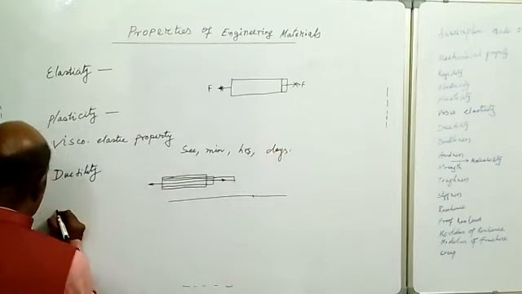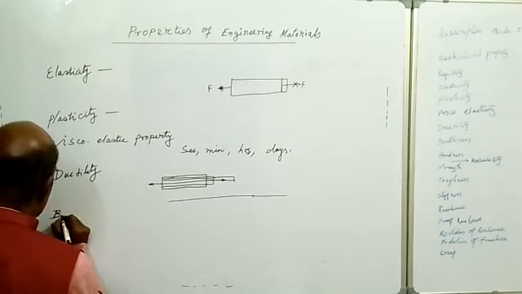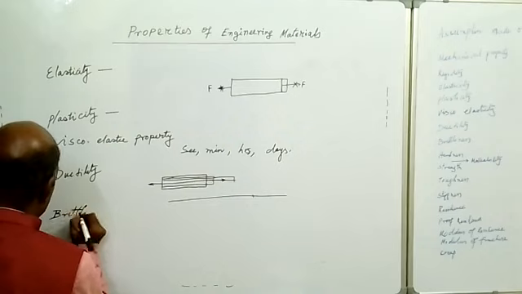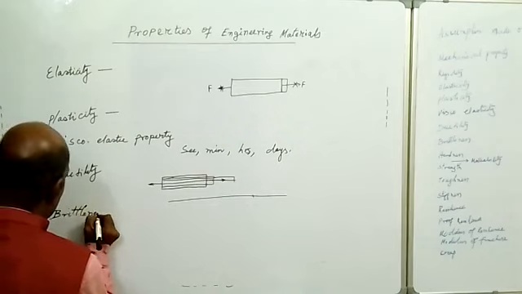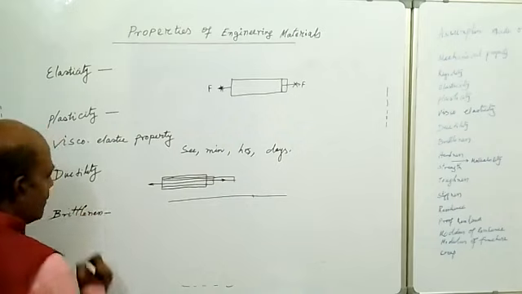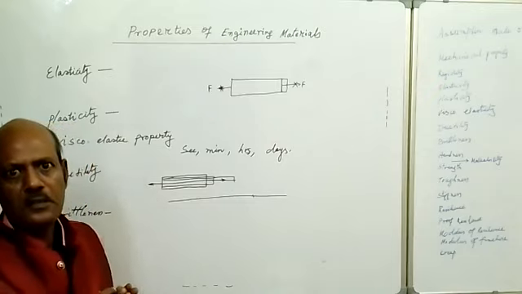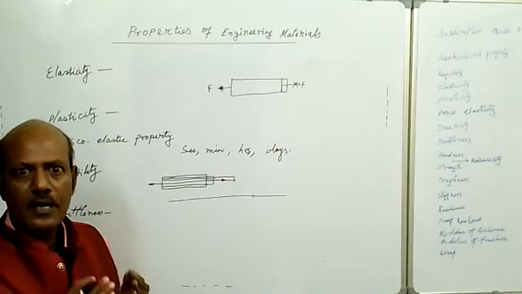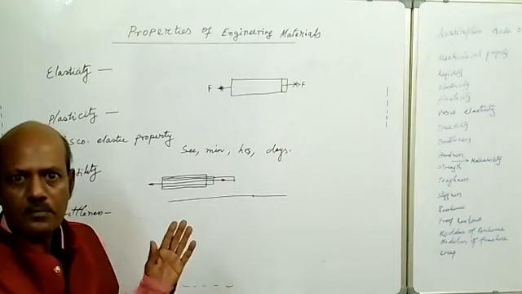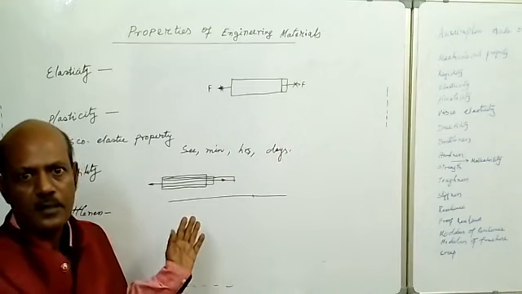Now next property is brittleness. This is the property by virtue of which the material breaks easily without much deformation.